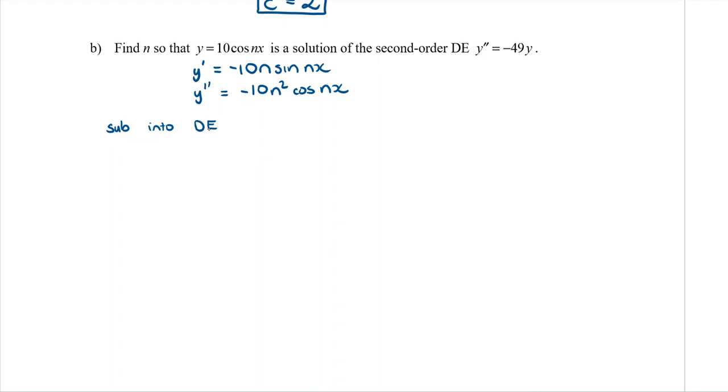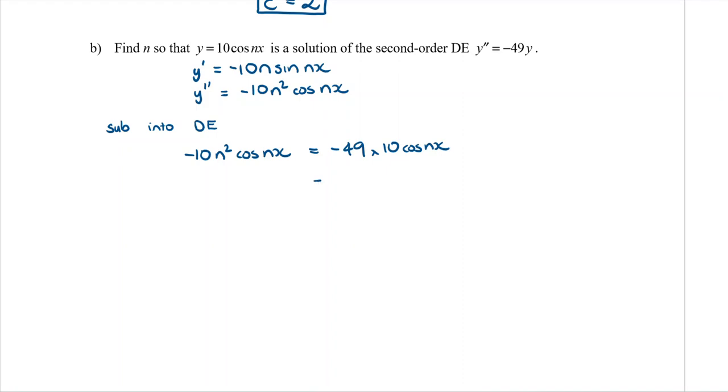The differential equation starts with y double dash. My y double dash was negative 10 n squared cos nx. That needs to be equal to negative 49 y. But instead of y, I'm replacing it with my y equation, which will be 10 cos nx.